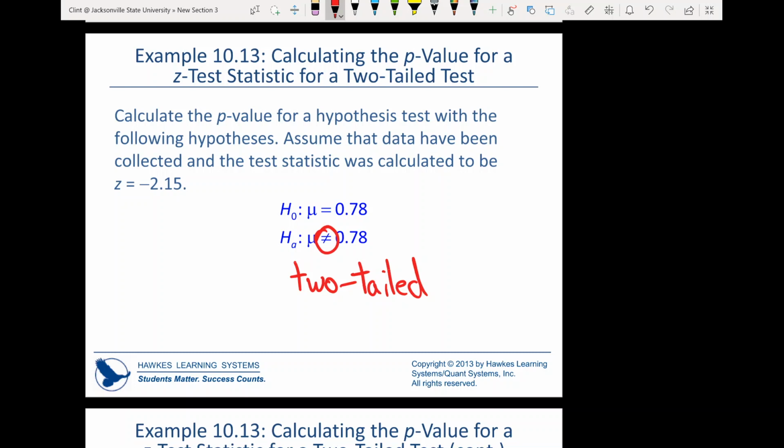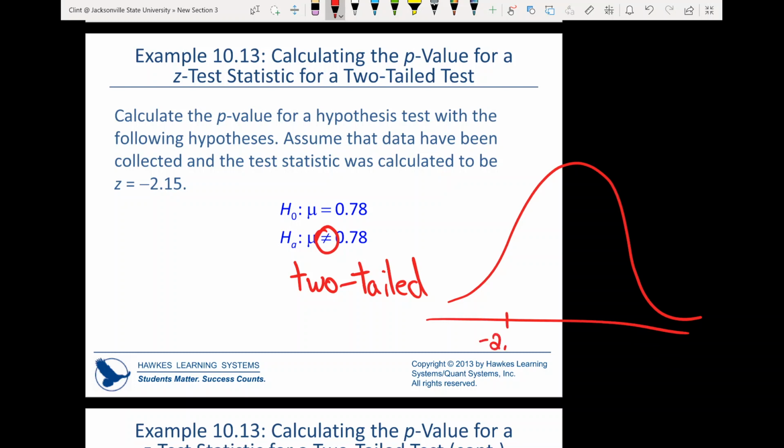some number. What we're looking for here is if we have our curve, our test statistic is negative 2.15, so that's over here. And the opposite of that is 2.15. Okay, so in this case, we're thinking about both of these values. And the area we want is the area to the left of the negative one and the area to the right of the positive one.